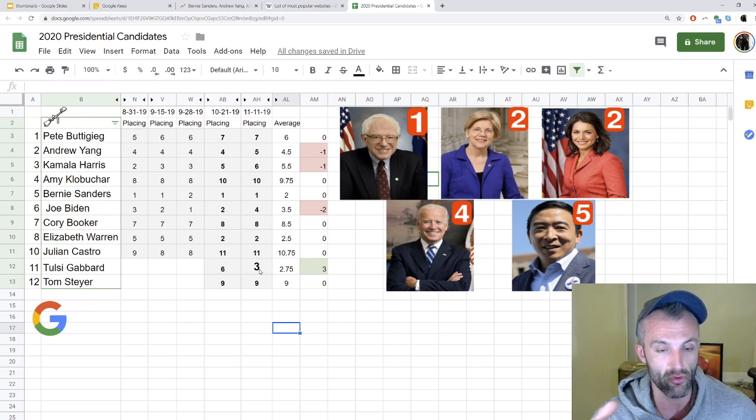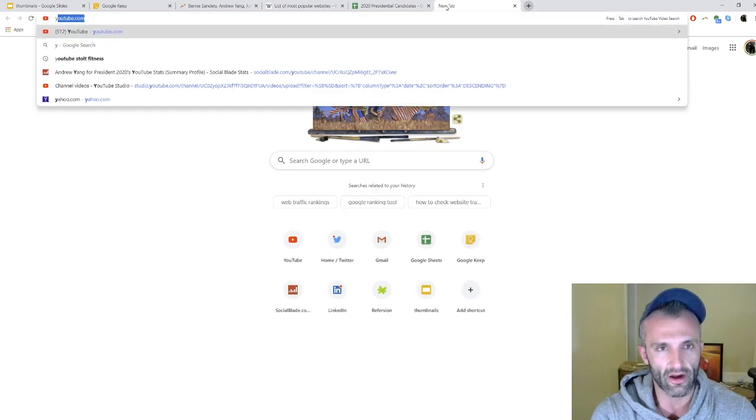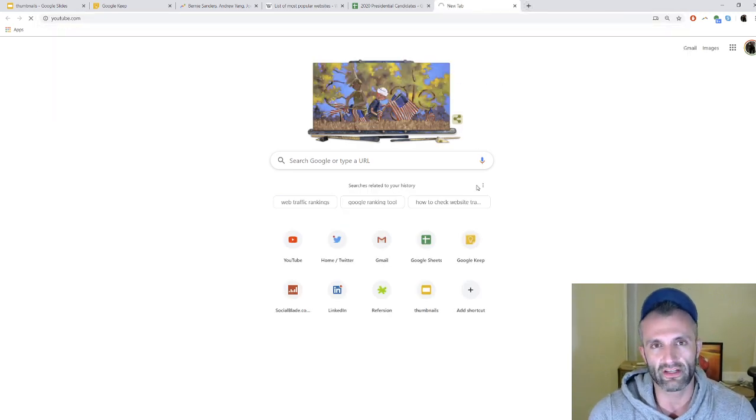So her move is just gargantuan in magnitude relative to everybody else's, and she moved up a lot of spots. So there's a tremendous amount of interest around Gabbard and where she is in terms of relevance in the American mind at this moment.